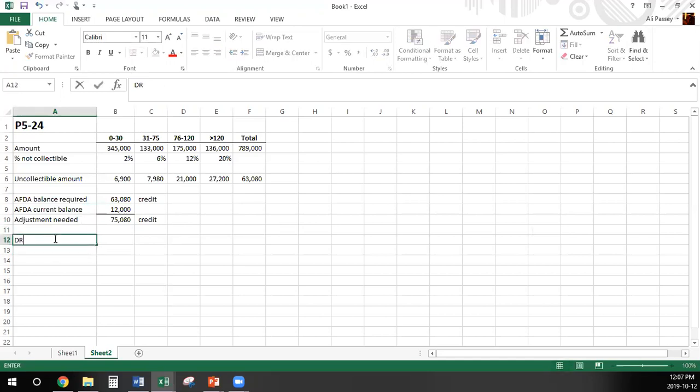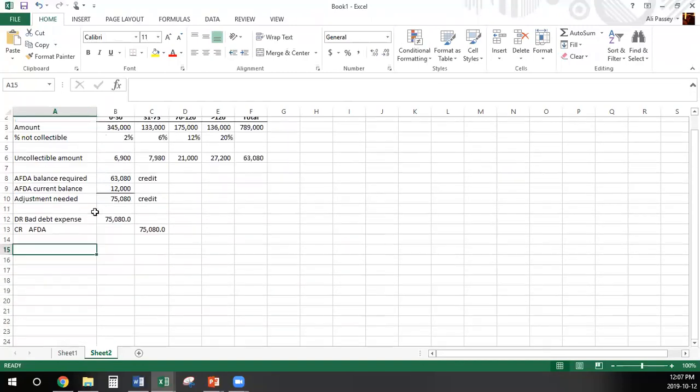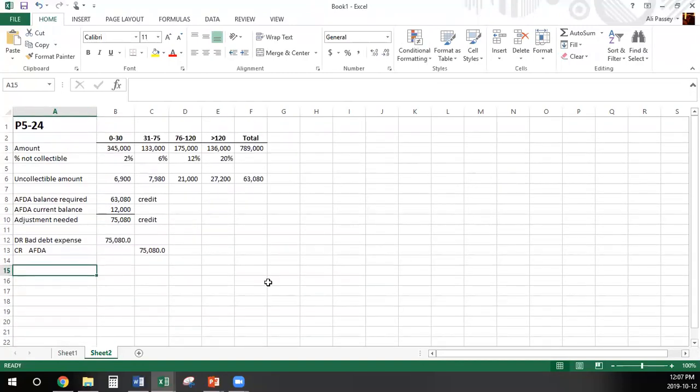So when you do that journal entry, the entry is to debit bad debt expense and to credit allowance for doubtful accounts. So if we're doing that for the amount that we just calculated, then we know that we're increasing both of those accounts by $75,080.